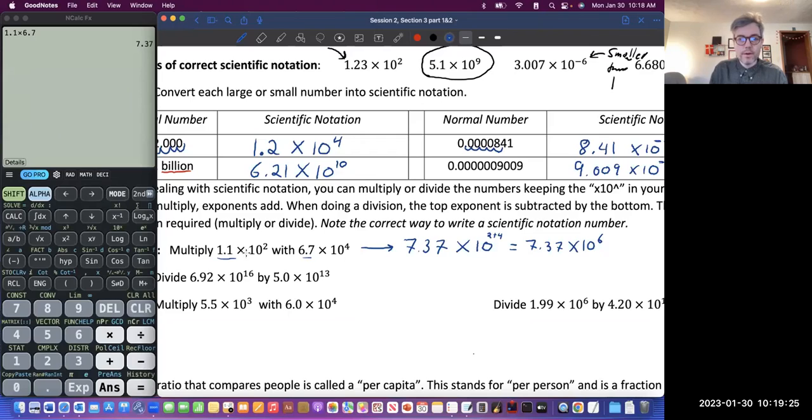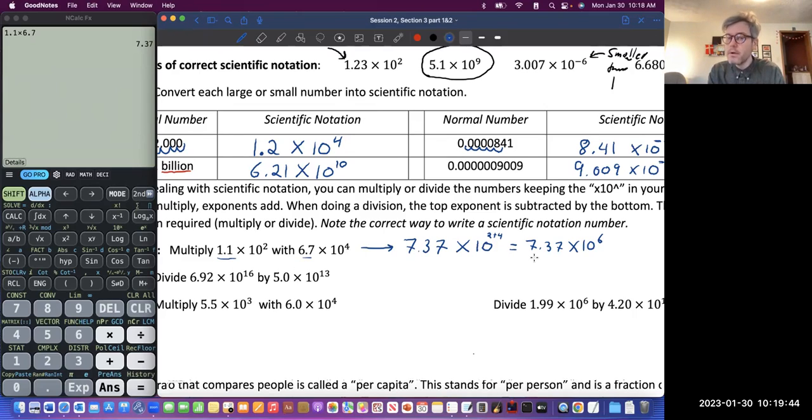How did we get 7.37? We multiplied the numbers in front, 1.1 times 6.7. Now, if you want to be ultimate strict about rounding, this had two significant figures, this had two.